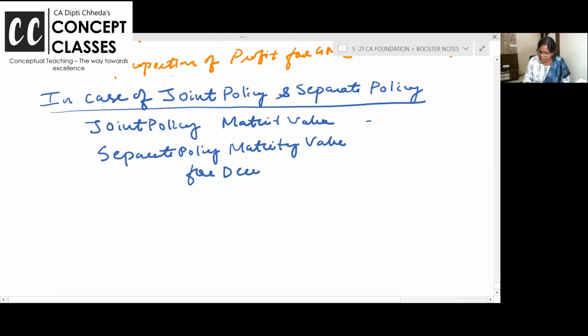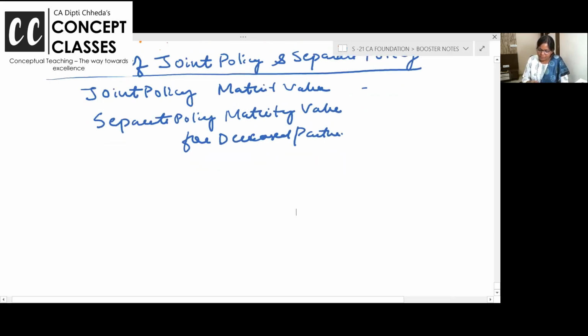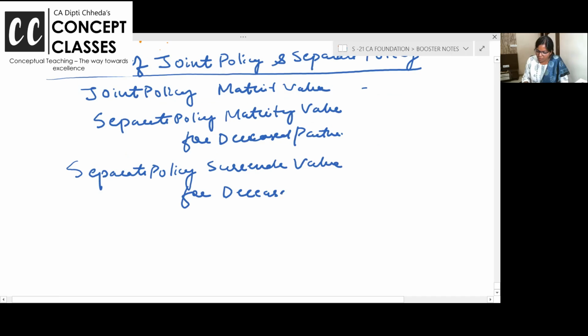For deceased partner, write down please, all of you. Separate policy, maturity value only for deceased partner. Separate policy, surrender value, whichever separate policy it is, surrender value for deceased partner.